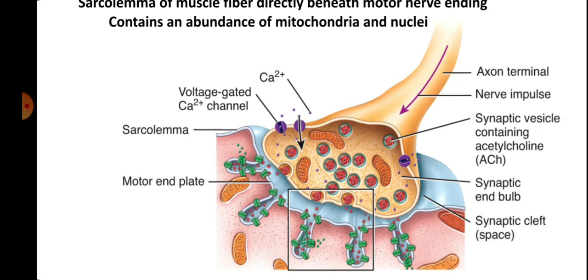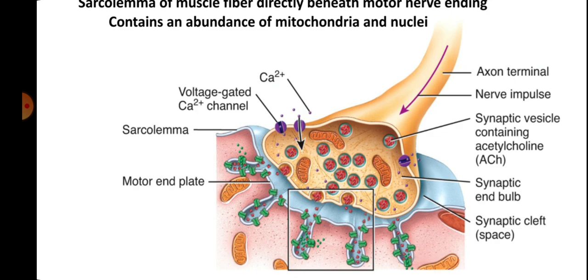The purple line is the nerve impulse traveling, and it comes into the synaptic vesicle containing acetylcholine, which is a neurotransmitter. The synaptic bulb has been cut open, and the synaptic cleft is a space.